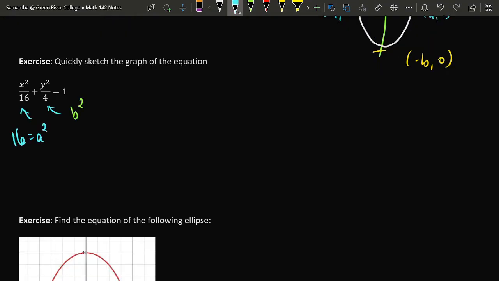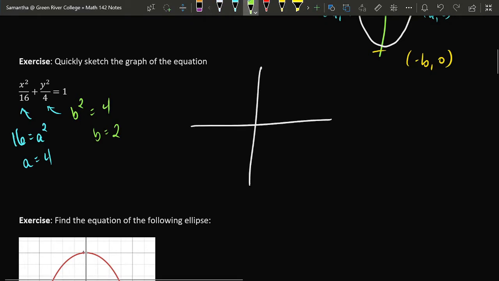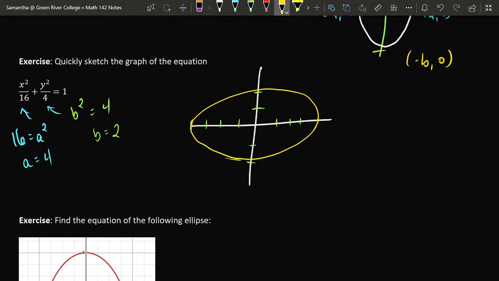So that means if I assume that a and b are positive numbers, which is traditional, that a would be equal to 4 and b would be equal to 2. So this would be the ellipse that stretches 4 units in the positive and negative x direction and which stretches 2 units in the positive and negative y direction. So if I were just going to roughly sketch a graph of this ellipse, it would look something like this.